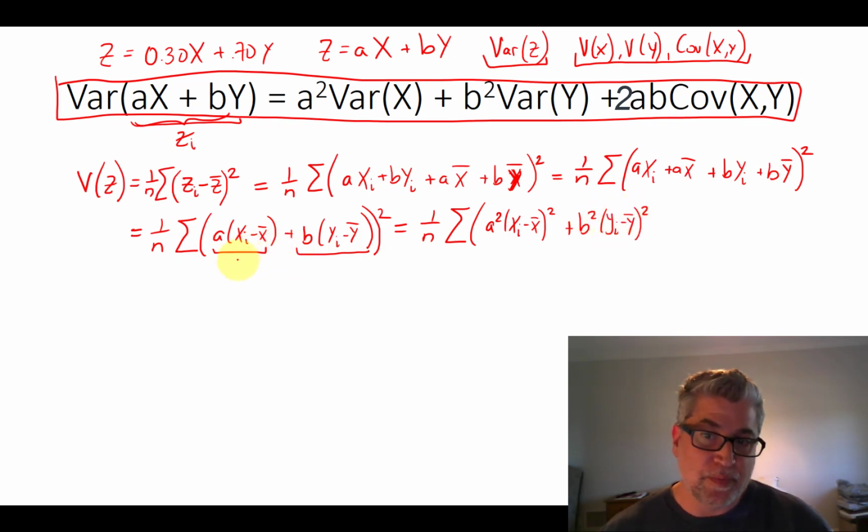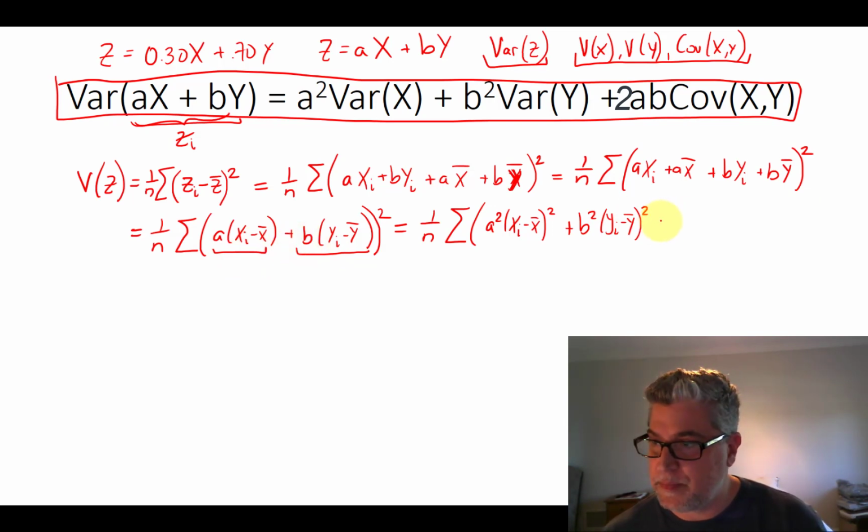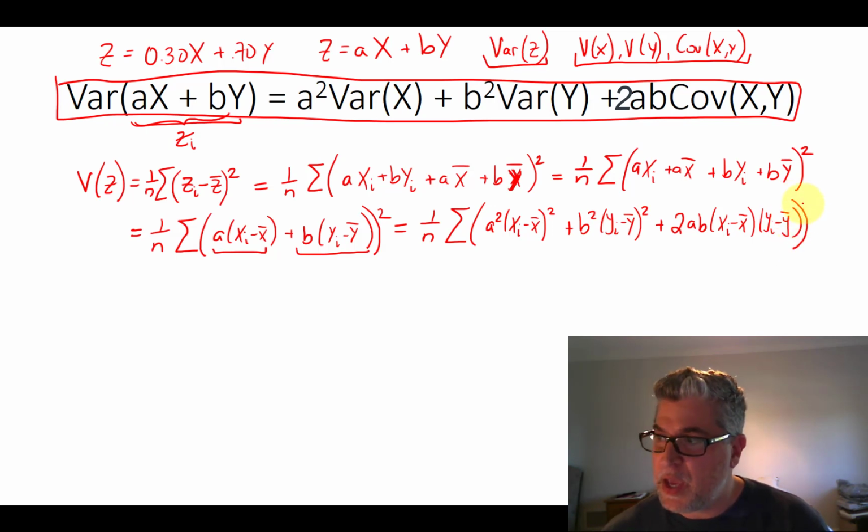And then it's 2 times the first times the second. So ab times xi minus x bar, yi minus y bar. Okay. And we don't need to put the squared term anymore because we just FOILed this thing. So we got rid of that squared term.